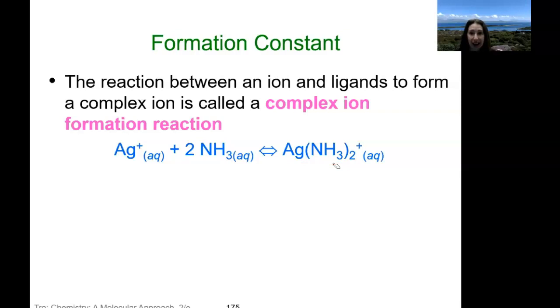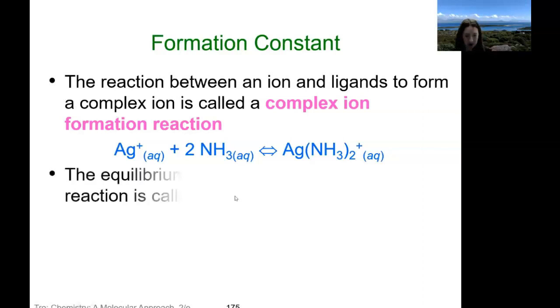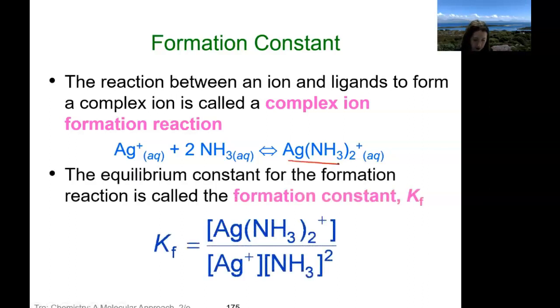This is going to be KF, but KF is the same as KC, KA, KB, KSP, K everything: products over reactants raised to the coefficients. And we call this KF the formation constant, the formation constant of a complex ion.